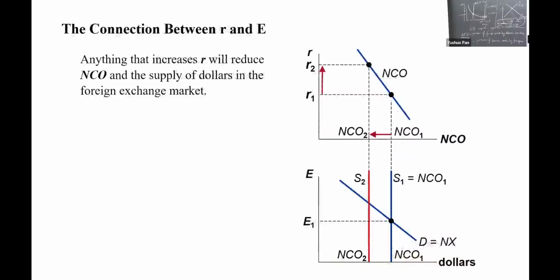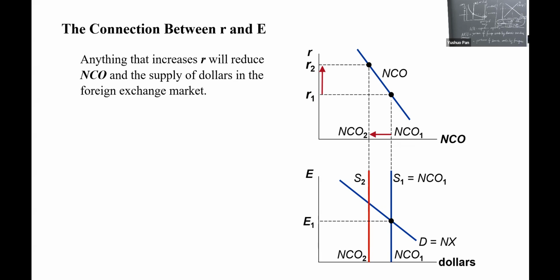The connection between R and E, we already investigated that before. Anything that increases R, such as the budget deficit, will reduce the NCO because the foreign asset is not attractive anymore compared to the domestic assets.